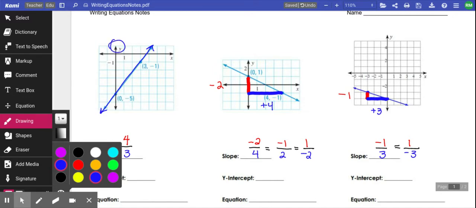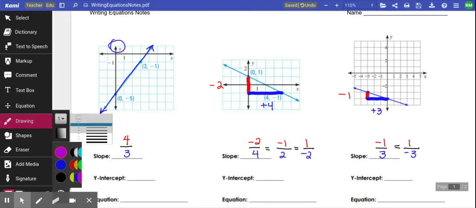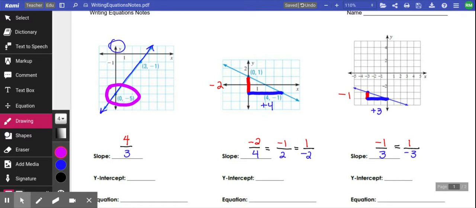The y-axis is the one that goes up and down. So we can see that it crosses right here. And remember, our y-intercept, we can always write it as a point 0, the number. So our y-intercept here is -5.